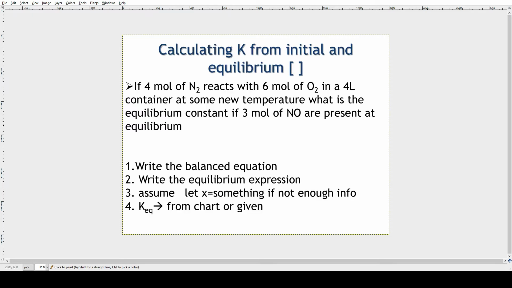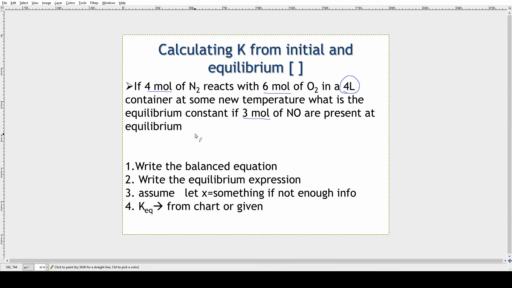Here's another example. The only additional step that's happening here is they're not outright giving you the concentration. They're telling you the number of moles and the volume. So you have to calculate the molarity first.